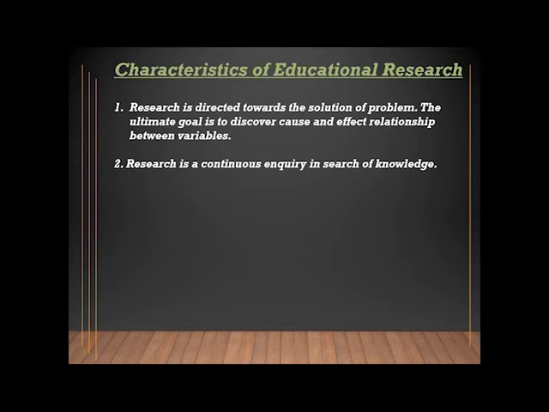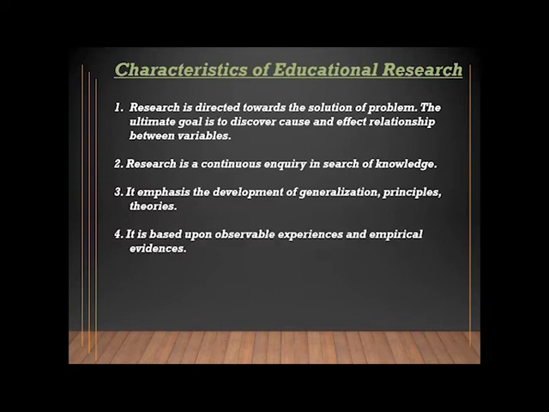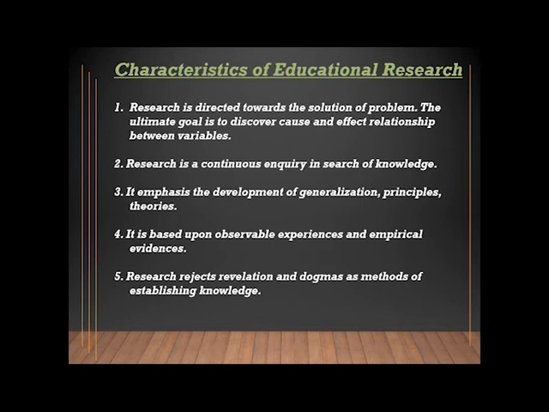Research is a continuous inquiry in search of knowledge. It emphasizes the development of generalization, principles, theories. It is based upon observable experiences and empirical evidences. Research rejects revelation and dogmas as methods of establishing knowledge. Research employs in-depth review of related literature.